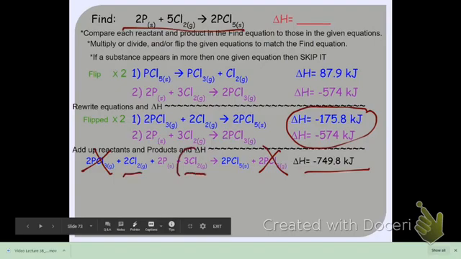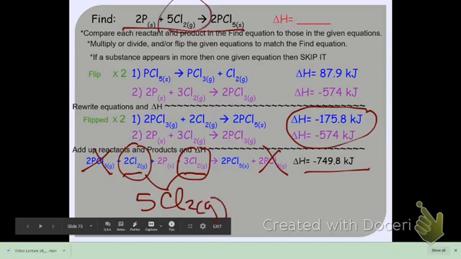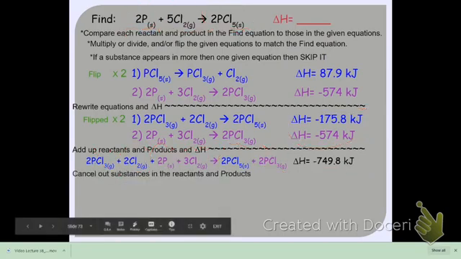So these two are going to come together to make 5Cl2, the gas, which is what we want because it's up here. And then we have 2P, which is what we want because it's right here. And we have 2PCl5 solid, which is on the other side of the products, which we have here. So it looks like we put them together the way they should.